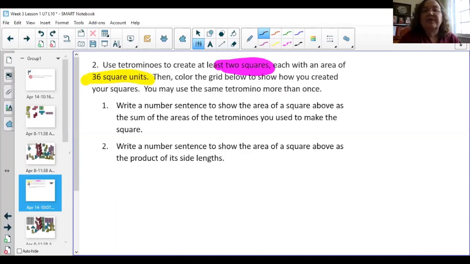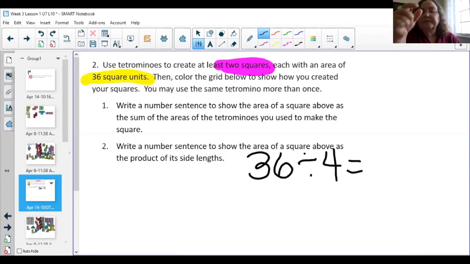So I'm going to think of 36 divided by 4, and figure that out for a minute. Yes, 36 divided by 4 would be 9. Good job. So I know I'm going to use 9 tetrominoes, but now the question is, I have to make a square.